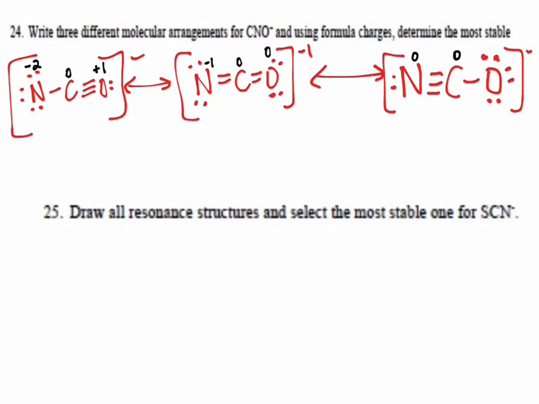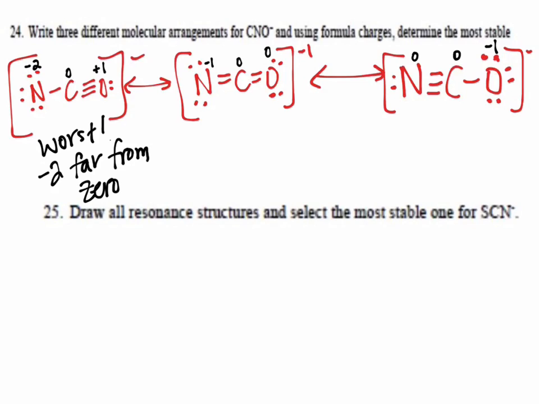And the next one, nitrogen has a charge of 0, carbon has a charge of 0, and oxygen has a charge of -1. So now we want to look and say, which one of these is going to be my most stable one? So I would say the very first one where we have that N with that -2, it's really far from 0, so that's going to be the worst because it's really far from 0. And then we are left with the next two, and we can choose one or the other.